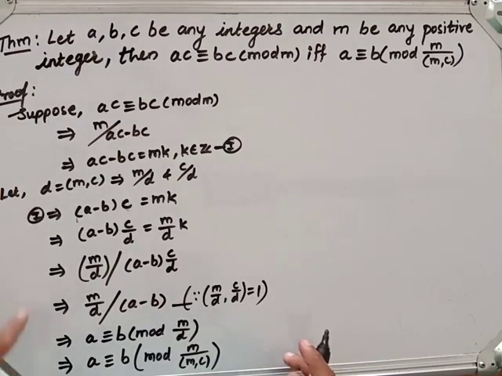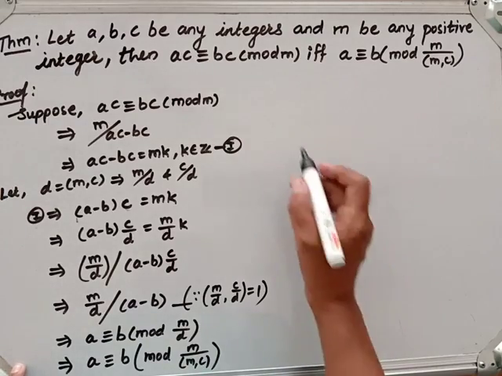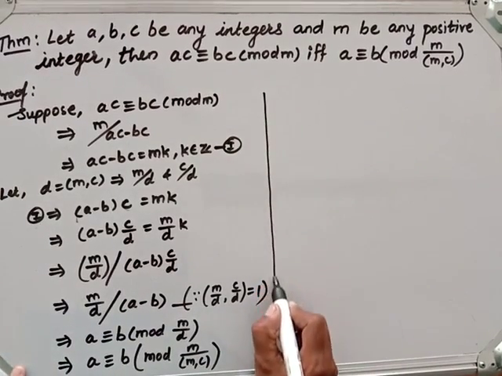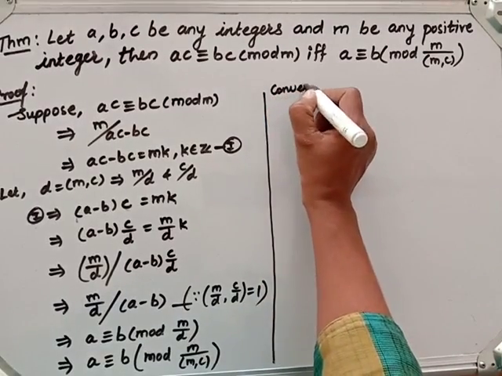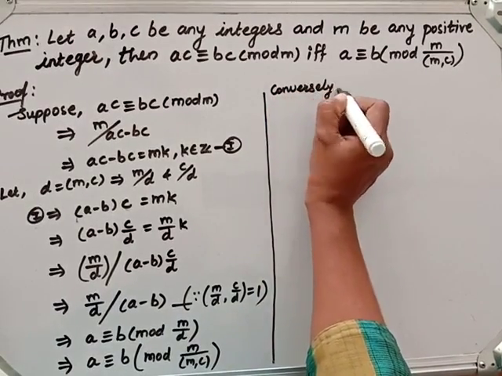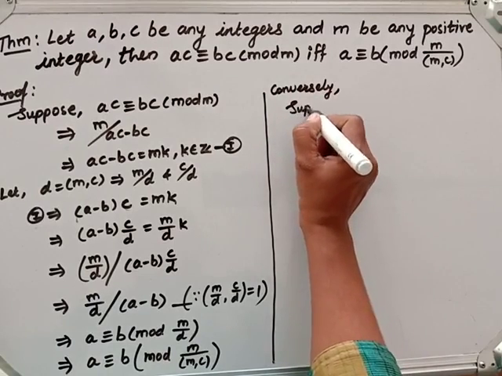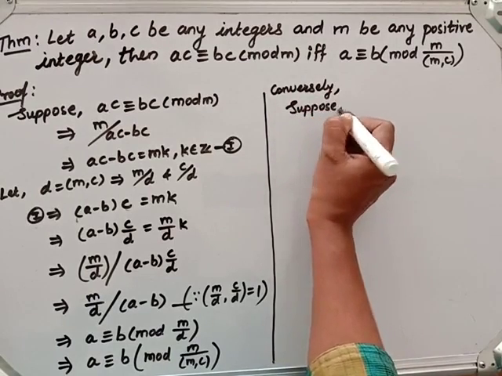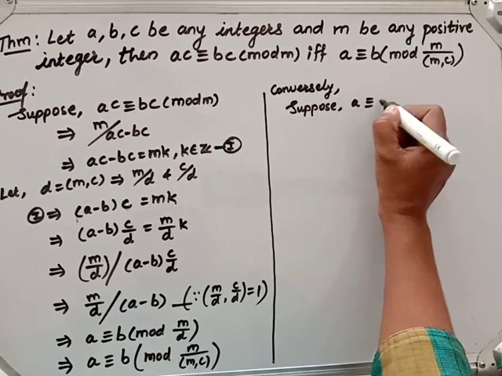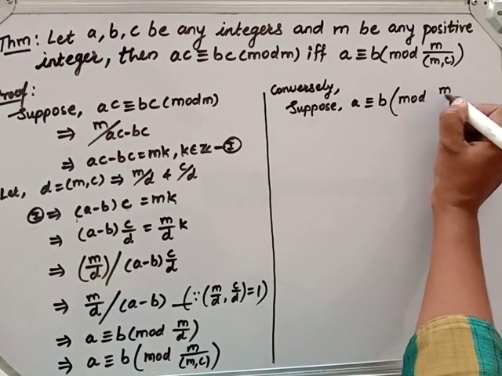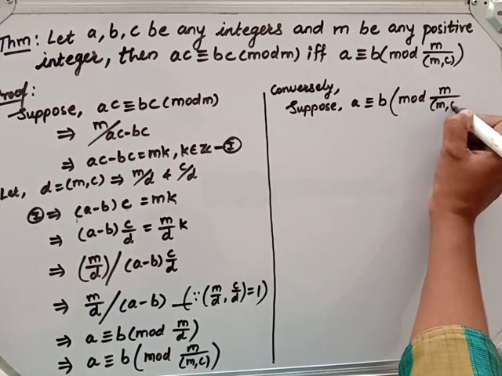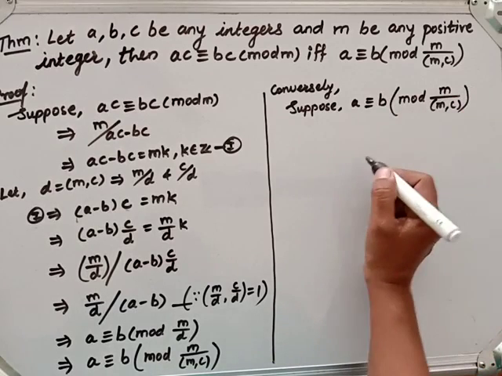This is the direct part. Now let us see the converse part of this. Conversely, suppose a is congruent to b modulo m upon GCD of m and c.